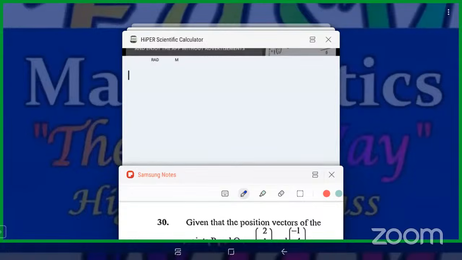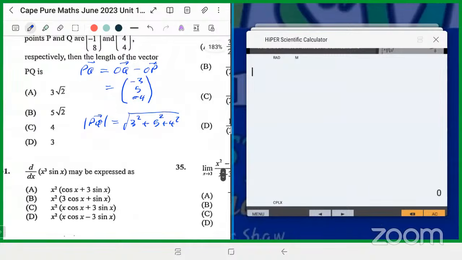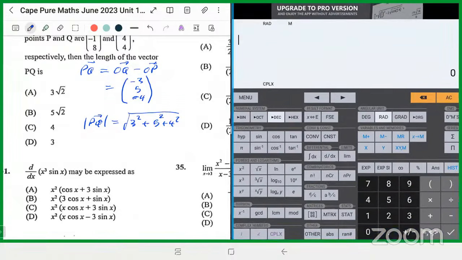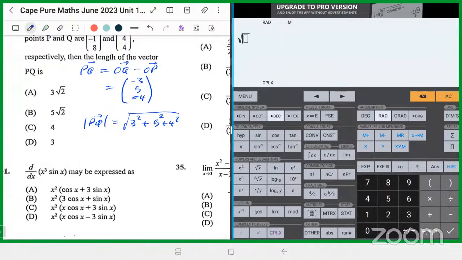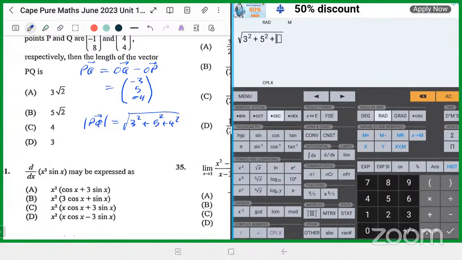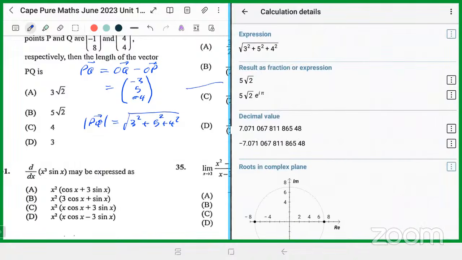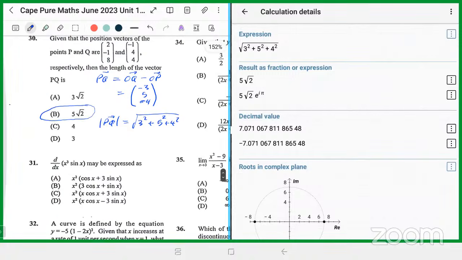I feel like using the calculator for this one. So the square root of 3 squared plus 5 squared, which is 25, plus 4 squared. And let's see what that is in surd form. 5 root 2, which is this answer right here. All right, if you can use the calculator, use it.